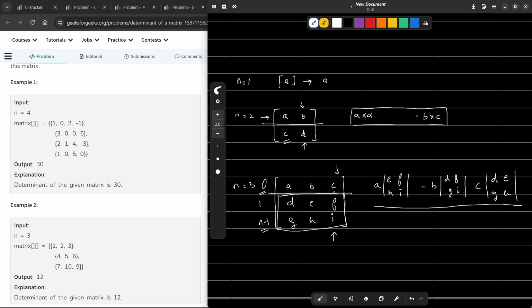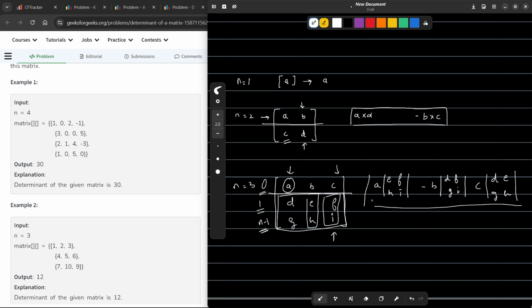How do we actually write those elements? So for the element A, we are going to multiply it by a sub matrix which starts from row 1, goes till row n minus 1 and does not have the elements which are in the same column as A. Right. Similarly for B, we are going to ignore all the elements which are in the same column as B. Similarly for C, we are going to ignore all the elements which are in the same column as C.